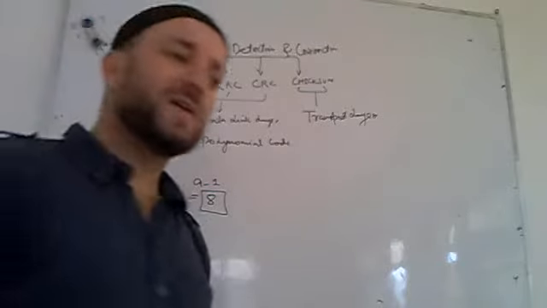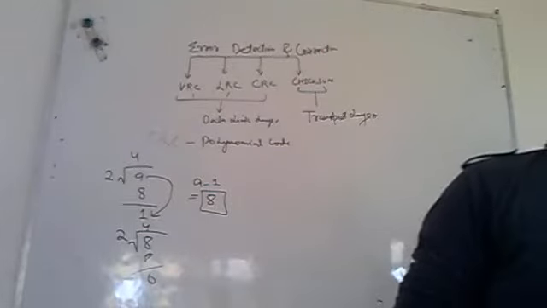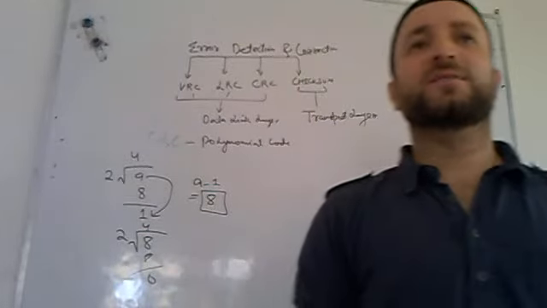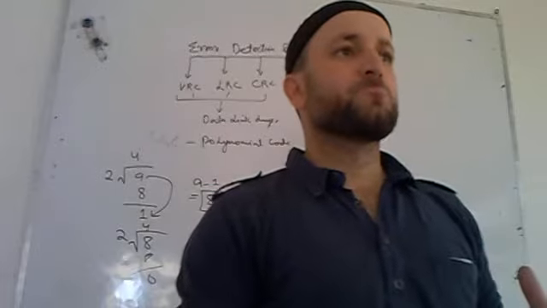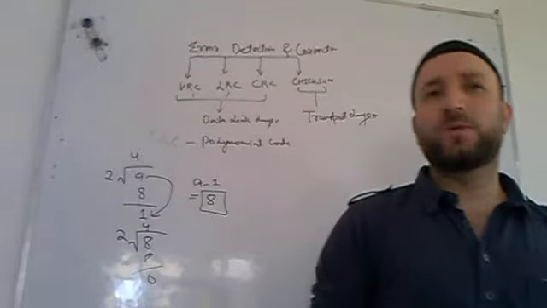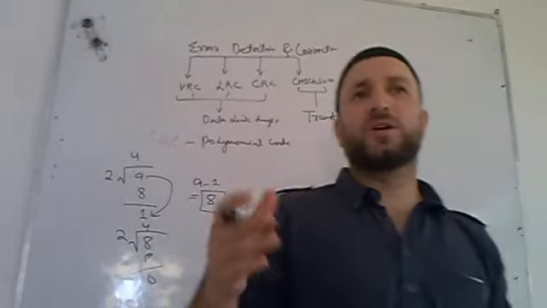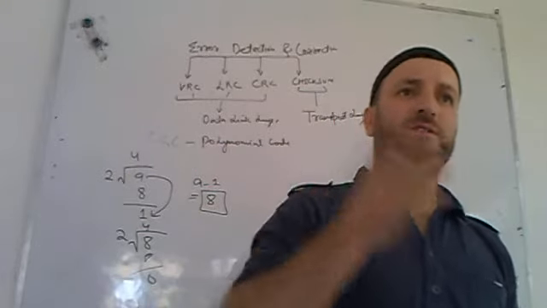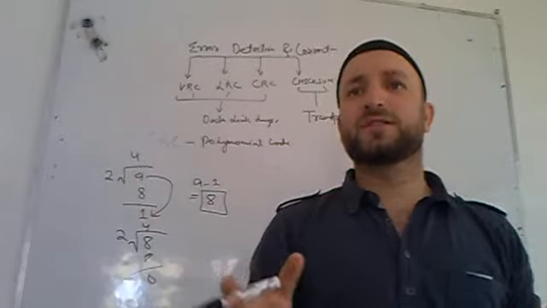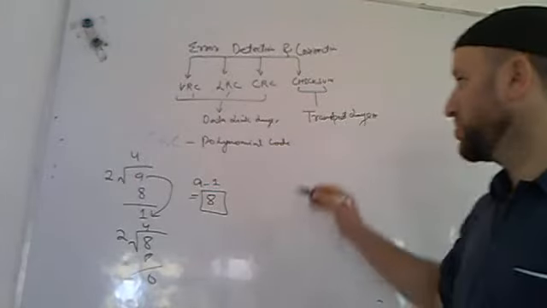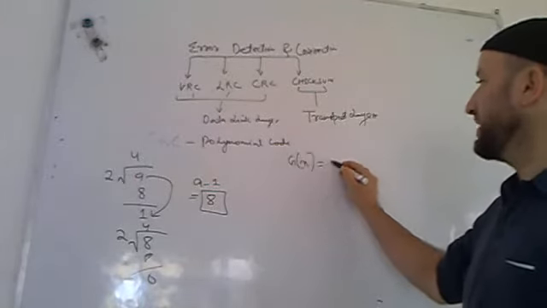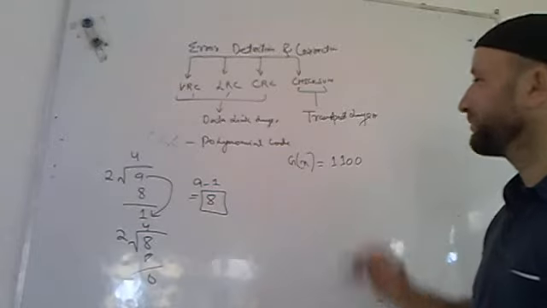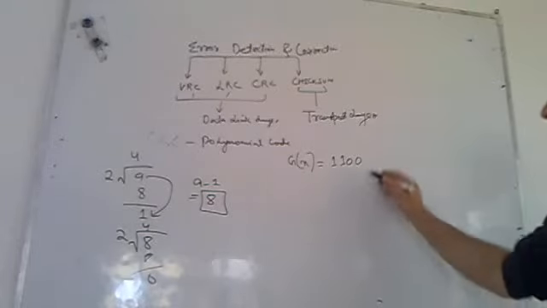So we have to first select some generator polynomial. The generator polynomial is predefined. The sender as well as the receiver knows in advance what the generator polynomial is, called g of x. Let us say this will be 1 1 0 0 1.